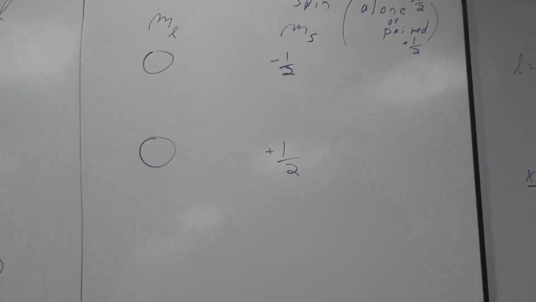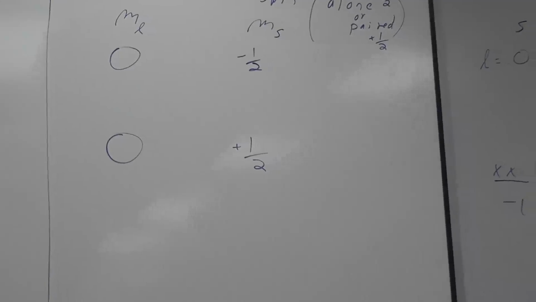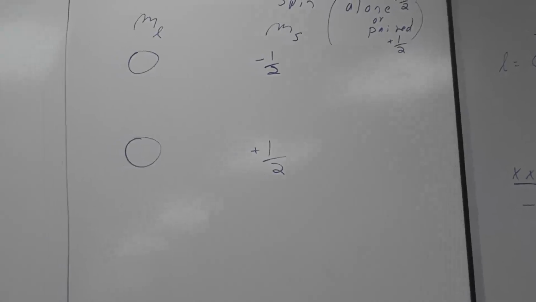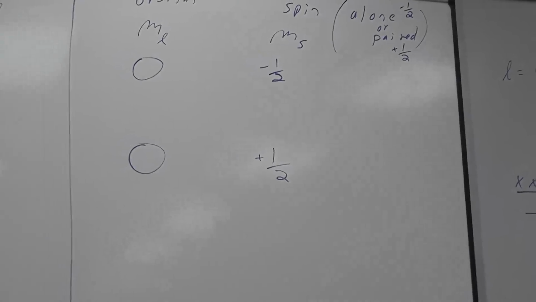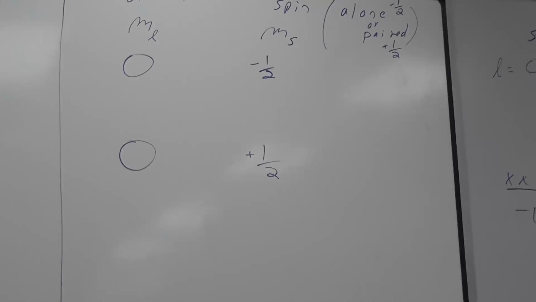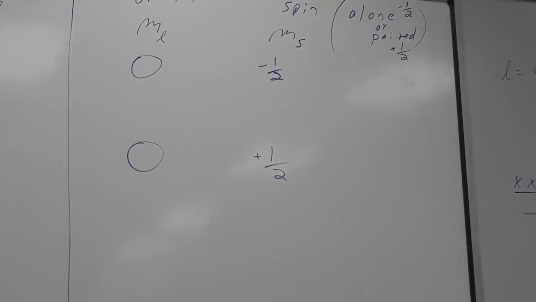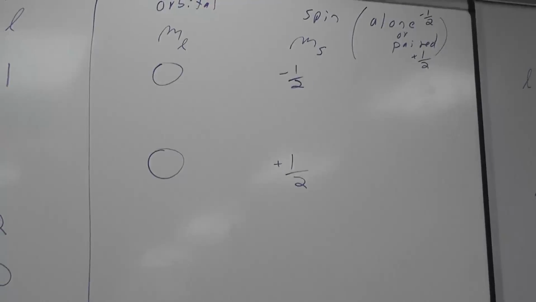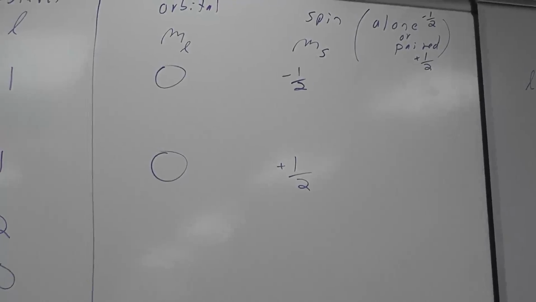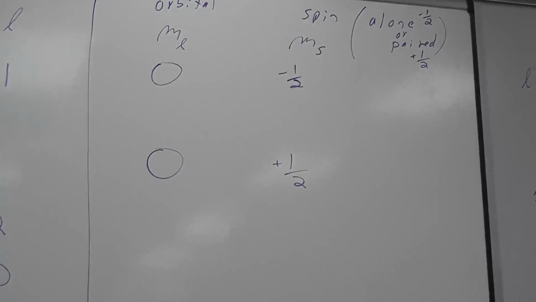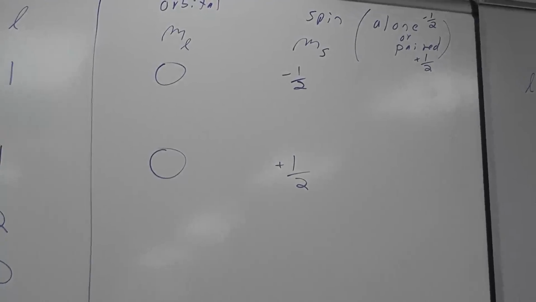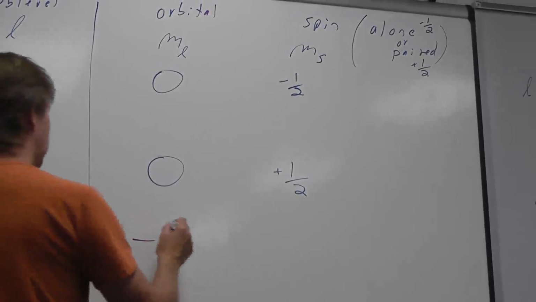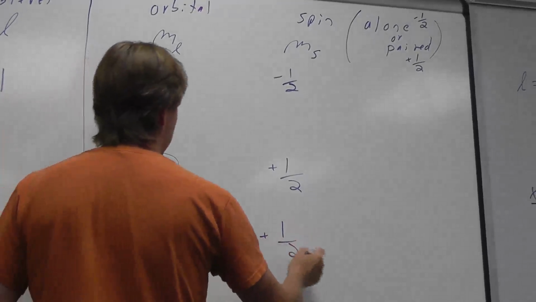Iron, we're dealing with a D sublevel. Here's our 5 orbitals for that D sublevel. Here's the names for those orbitals. And there's 6 electrons to be placed. So 1, 2, 3, 4, 5, 6. The last electron is in the negative 2 orbital, and it's paired up with another electron.